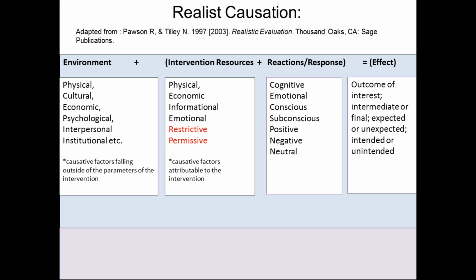In terms of intervention resources, that could be a physical resource. An intervention could actually put technology into an environment, or involve the building of buildings. It could be economic, such as cash transfers, so it's a monetary resource. Then informational and emotional resources, and I have restrictive and permissive as well, because some resources are permissive.